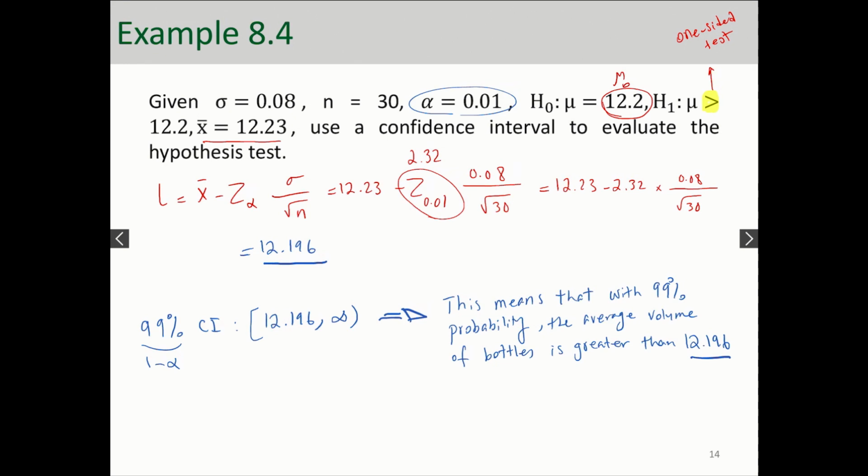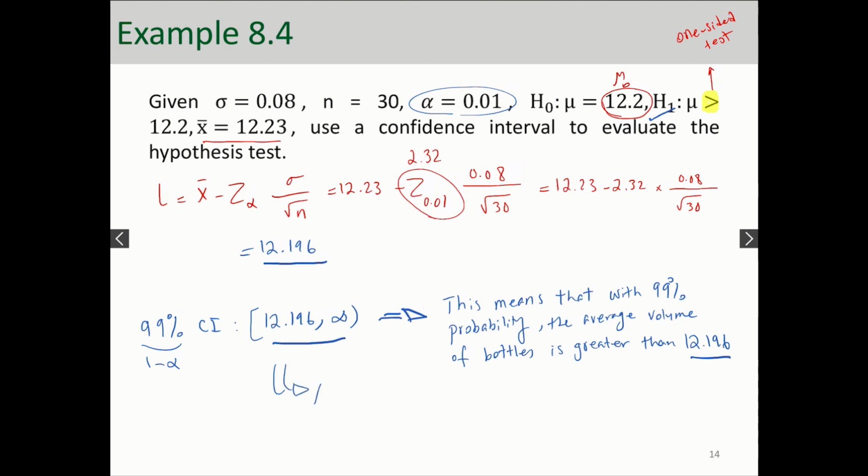Well, the way that we make a decision is we compare mu naught with the confidence interval. If it is within the confidence interval, we fail to reject the null hypothesis. And if it's outside the confidence interval, we reject the null hypothesis. In this case, 12.2 is within this confidence interval.